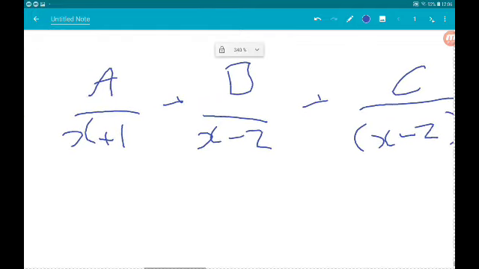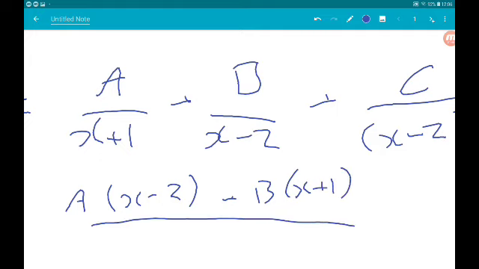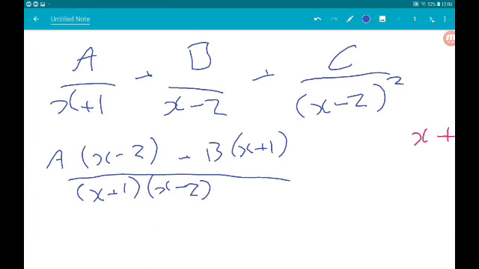So that's going to give us, let's just do the first 2 first, A lots of x minus 2 plus B lots of x plus 1, all over x plus 1 times x minus 2. Then we are adding on C over x minus 2 squared.